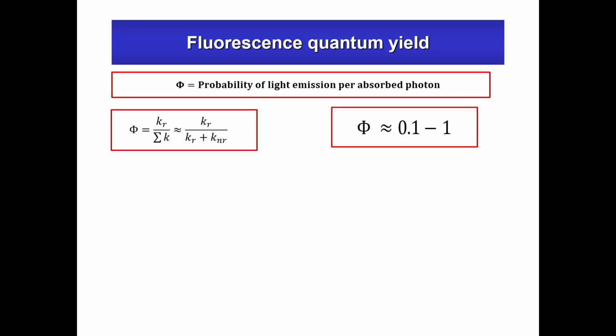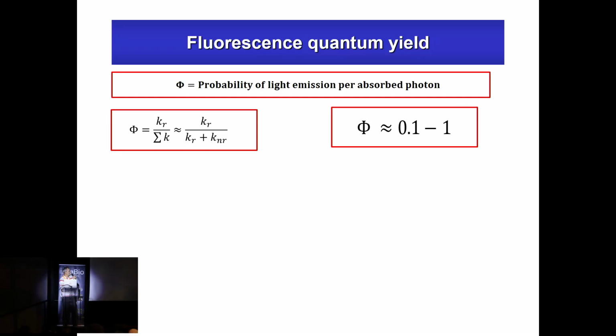It's basically the rate of radiative deactivation divided by all the other rates, which typically can be approximated by the sum of the radiative and non-radiative rates. And for common fluorophores, fluorescence quantum yield is, say, between 0.1 and 1. So close to 1 can really be achieved in real life.